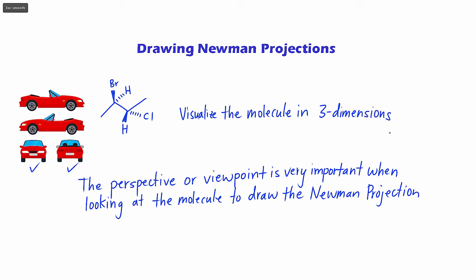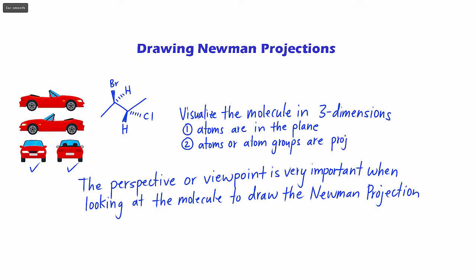So when you visualize this molecule in 3 dimensions, you can determine what atoms are in the plane, and two, you can determine what atoms, and I can say atoms or atom groups, are projected towards you or away from you.